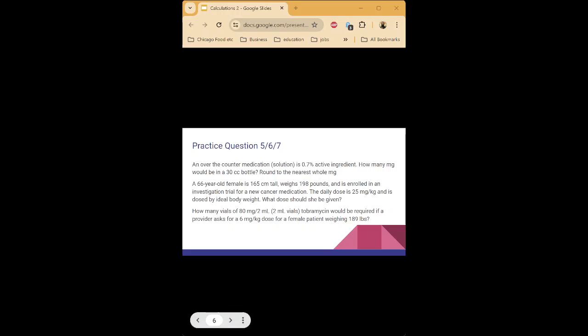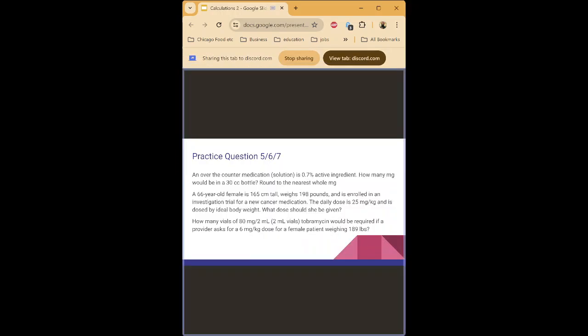All right. Let's go back to practice question 6. A 66-year-old female is 165 centimeters tall, 198 pounds, and is enrolled in an investigation trial for a new cancer medication. The daily dose is 25 mg per kg and is dosed by ideal body weight.